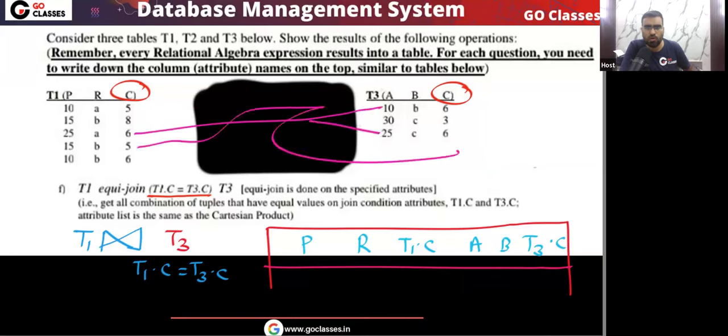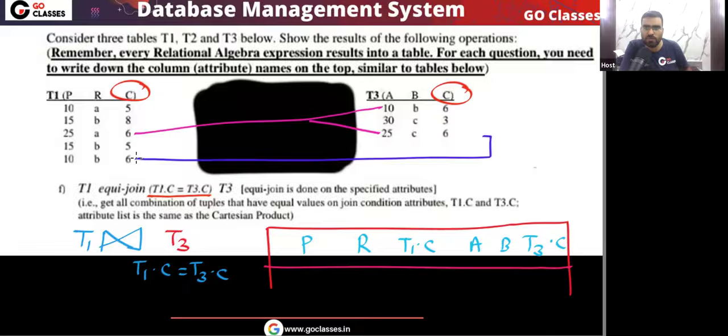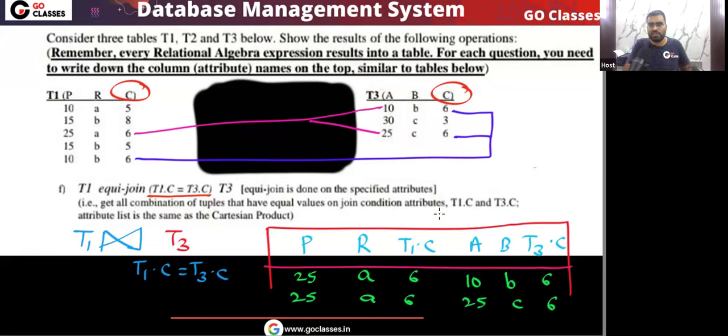Next, this will pair with no one. And finally, this will pair with this tuple also, and this will pair with this tuple also. So remember, there will be four tuples. Do you agree with me? For example, this type of tuple you will have: 25A6, 25A6, 10B6. This tuple will be there. 25A6, 25C6, like this. There will be total four tuples.